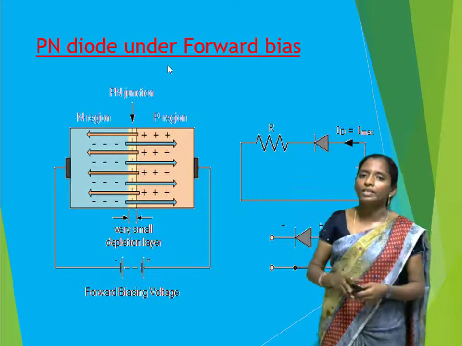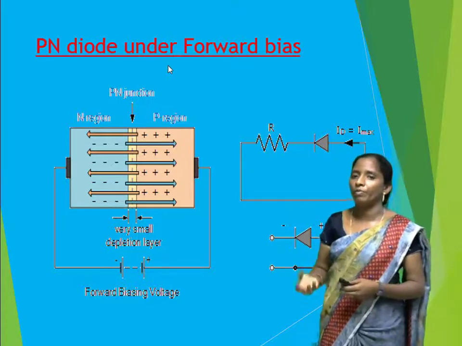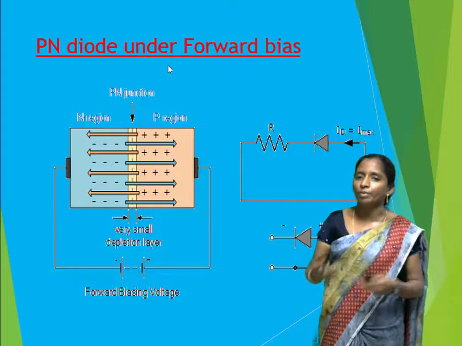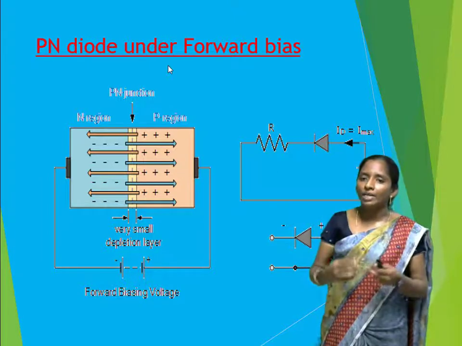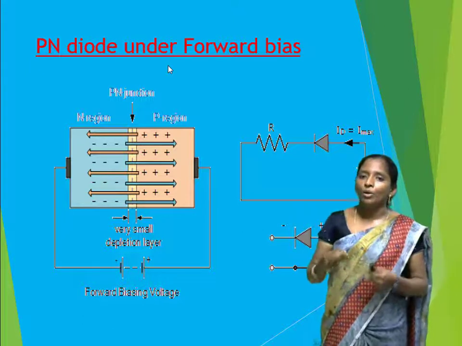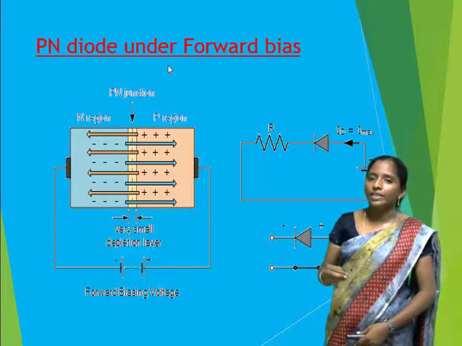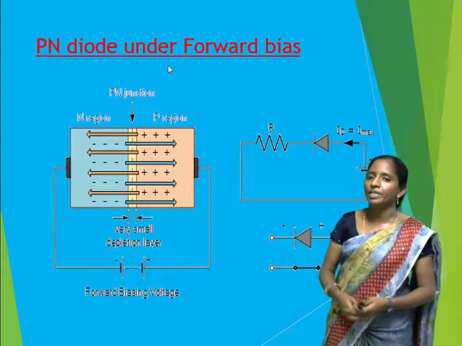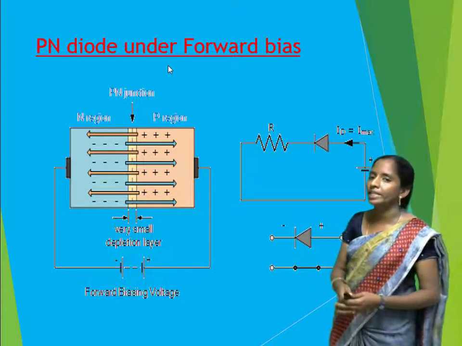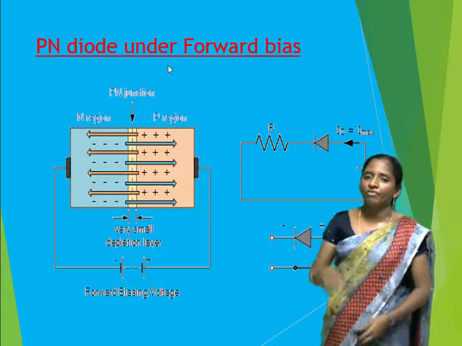In forward bias, maximum current flows from the input to the output, so the diode acts as a closed switch. If the current is maximum, the resistance is very low. For ideal characteristics of the PN junction diode, the forward resistance is 0 and the reverse resistance is infinite.